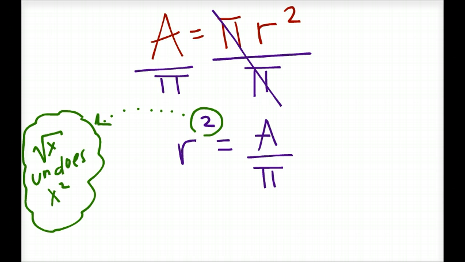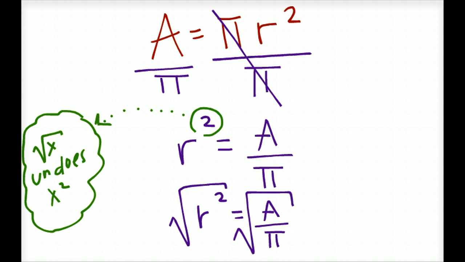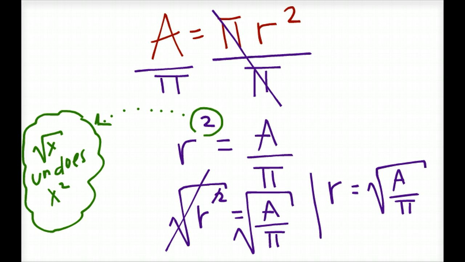So if we have r squared equals area divided by pi, and we take the square root of both sides, the square root undoes the squared. That leaves us with the relationship radius equals the square root of the area divided by pi.